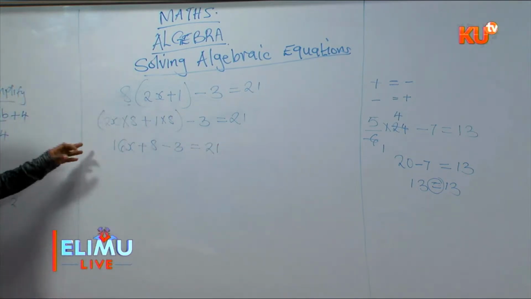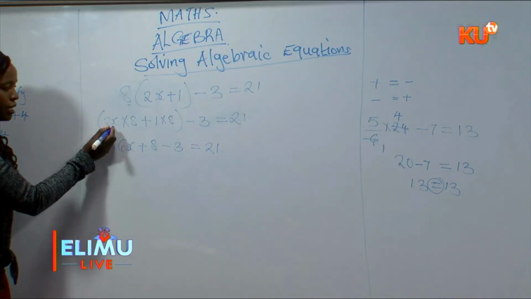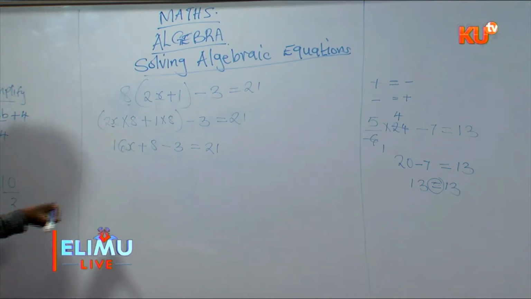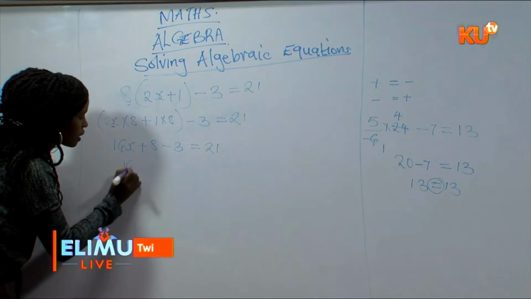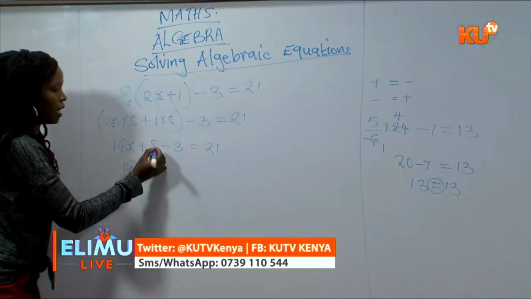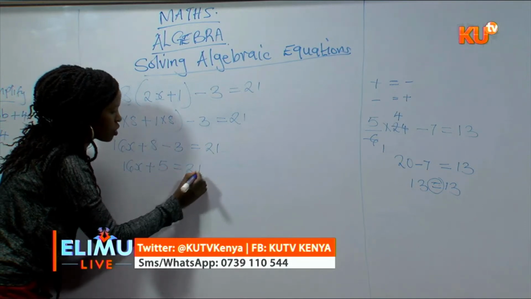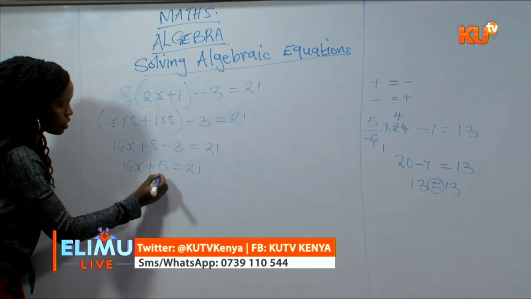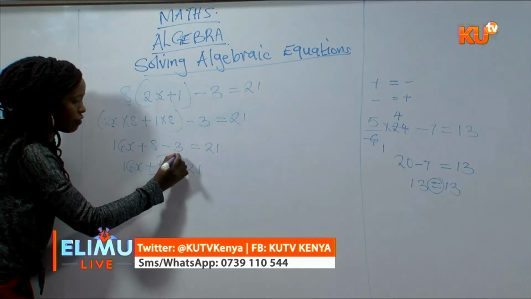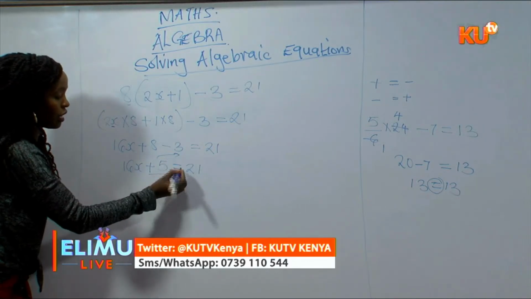Anytime you're solving algebraic equations, make sure that you don't forget the letters. So I have 16x plus 8 minus 3, I get 5, is equal to 21. Then I take this positive 5 to the other side of the equal sign.